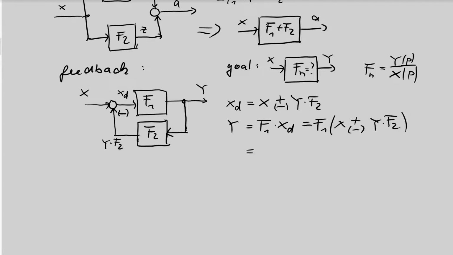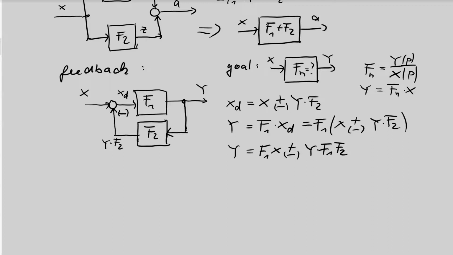And you see now that Y on the left side has an F1 times X on the right side, but also a plus or negative sign, Y times F1 F2. This equation is useful to calculate this expression, because now I need Y on the left side. This is Fn times X on the right side. This is the same expression as this.